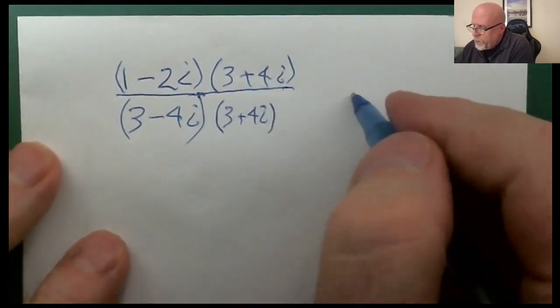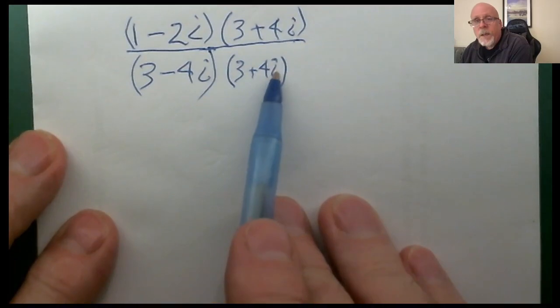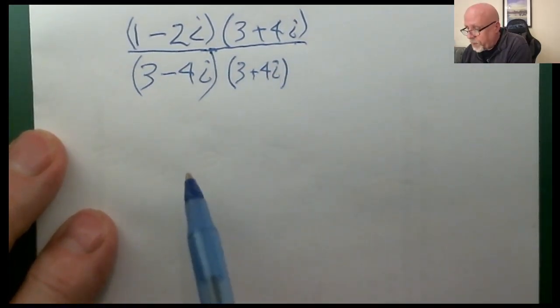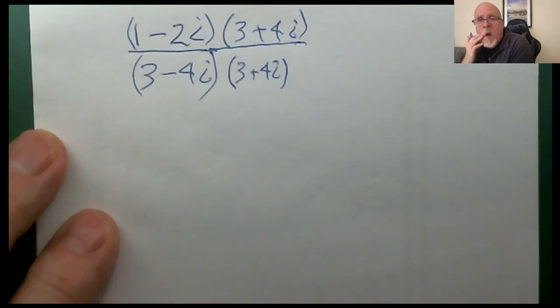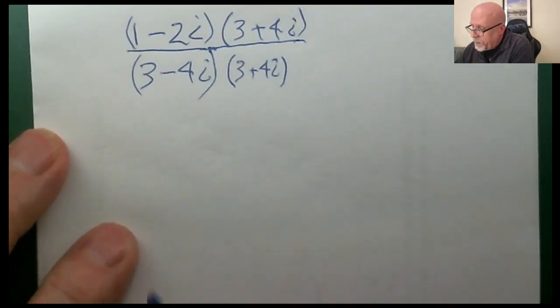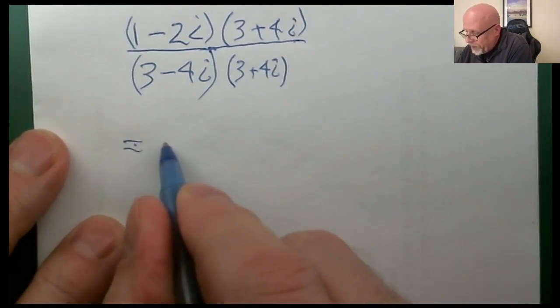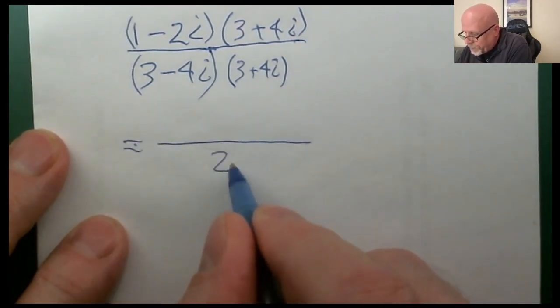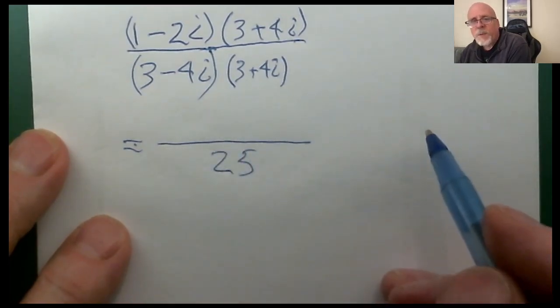Cool. The reason for this is that when we multiply the bottom, it's going to turn into just a real number. In fact, it'll be 9 plus 16. I can see that from the a and the b. So that's 25. Quickly, we've got the bottom simplified because of it having that shape of a number times its own conjugate.